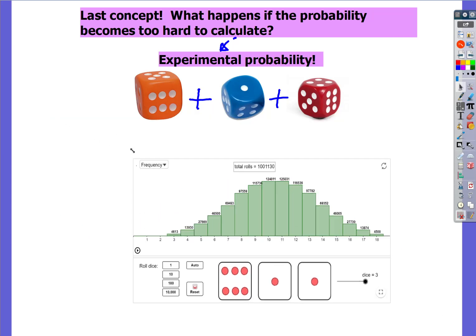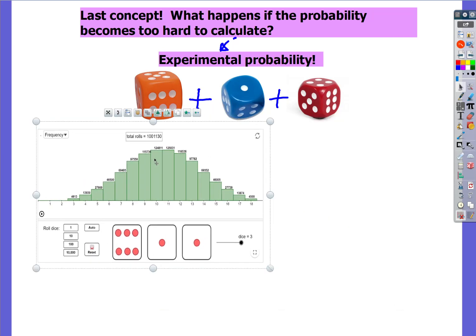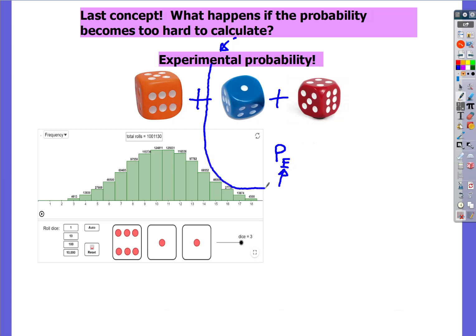So if I were to take this, let's say I wanted just a rough estimate for the probability, and let's put probability, and let's specify that it's experimental right here. So I'll put a little sub E. We'll say the probability of rolling a 10. See how likely that is. So we can do our total favorable outcomes.